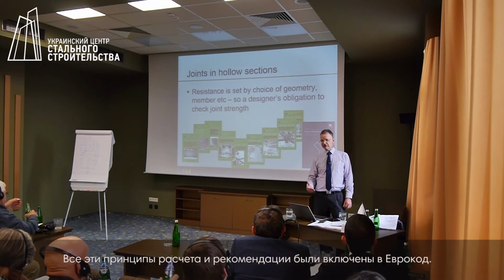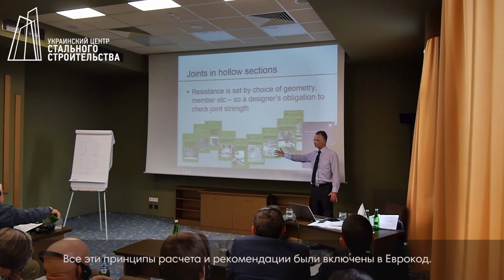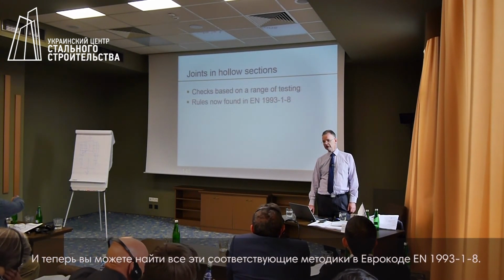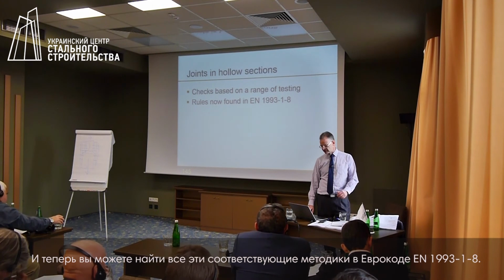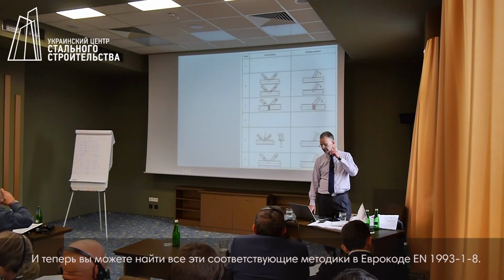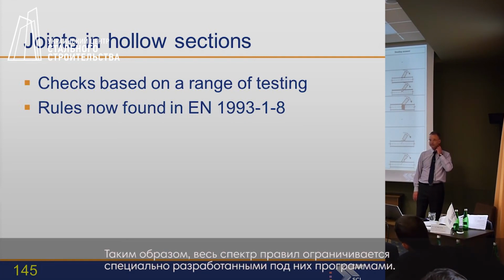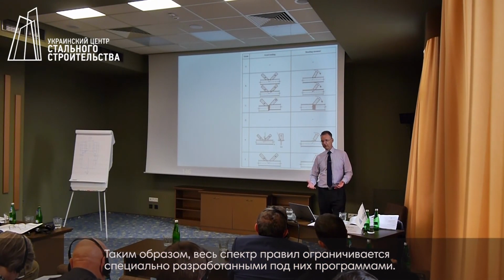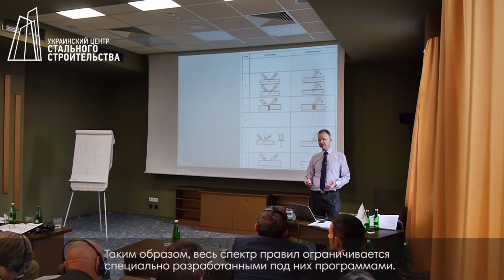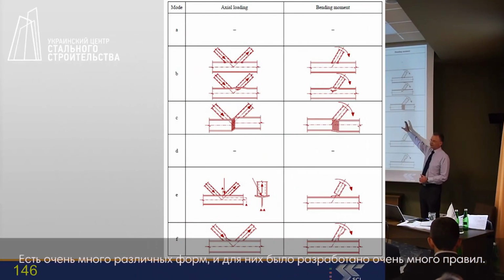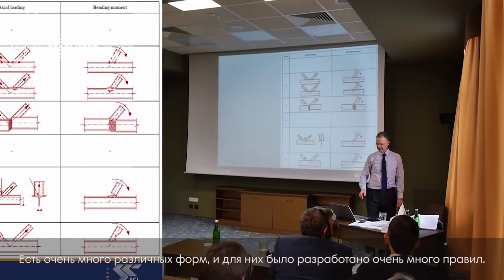The guidance in that range of publications has been brought into the Eurocode, and you will now find it in 1993-1-8. And the rules that you find were on the basis of tests. So the scope of the rules is limited to the test programme. So there are lots and lots of different failure mechanisms which were tested and rules were developed for them.